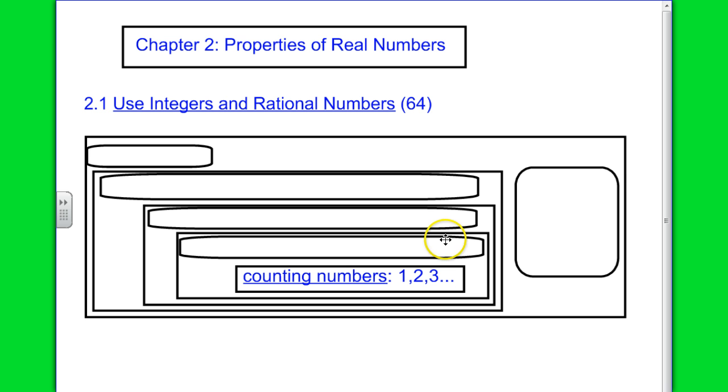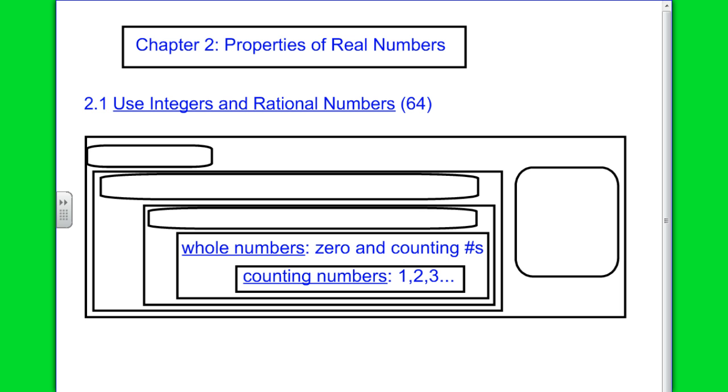So when you add 0 to all those counting numbers, you have whole numbers. So you can see that the counting numbers are nested into the set of whole numbers. See that? So whole numbers include all the counting numbers, but whole numbers also include 0. So it's a little bigger set than the set of counting numbers.